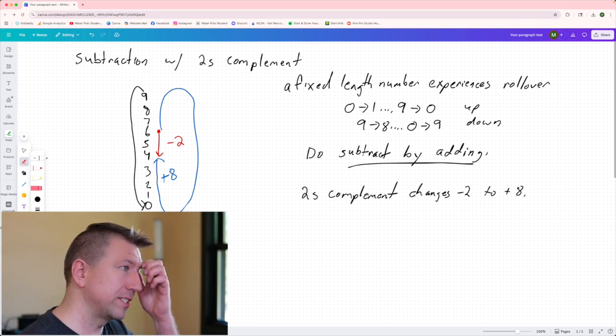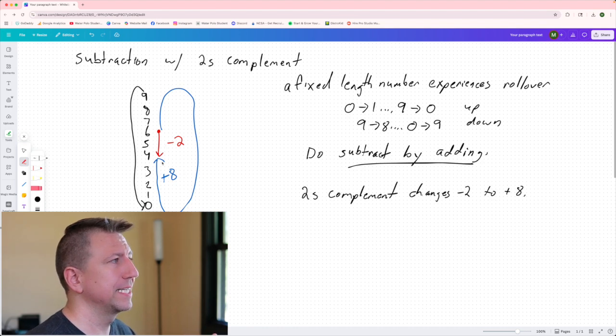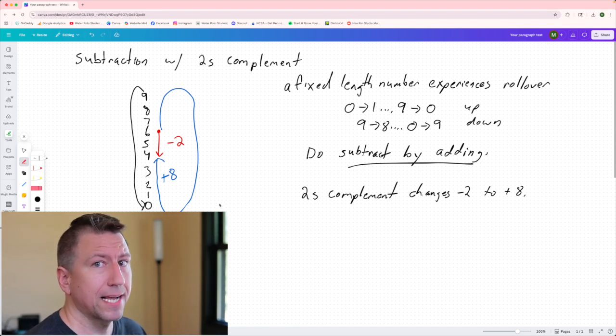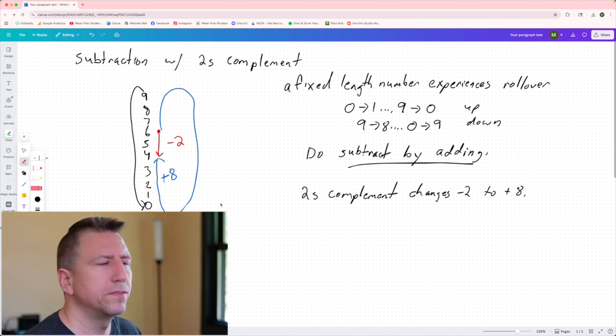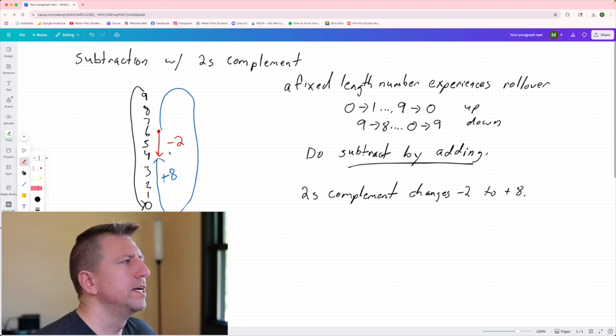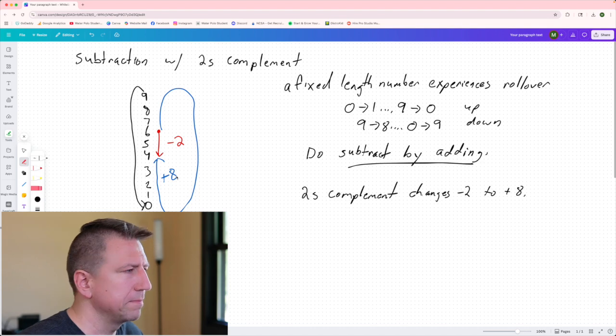Now, this is not actually 2's complement for a decimal. It's actually called 10's complement because it's base 10. Just like for binary, it's base 2, we have 2's complement. But that's essentially what we're doing. So instead of going downwards to that 4, we're going to go up and around to that 4. So we're going to change it into this number here to get there. Okay, so hopefully that makes sense.